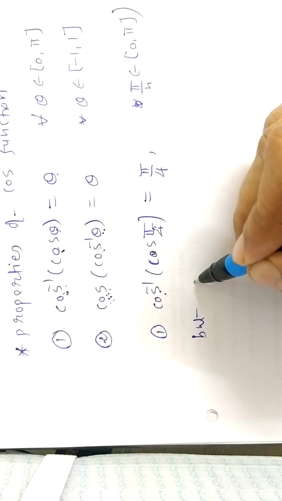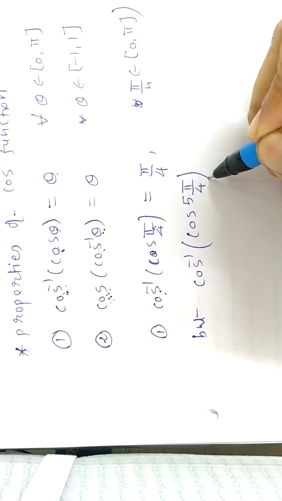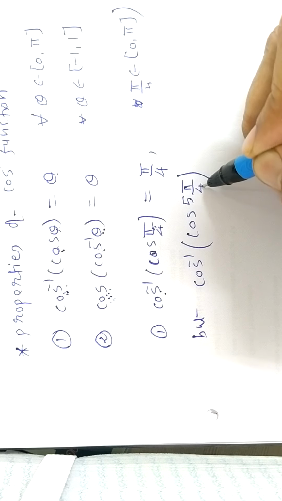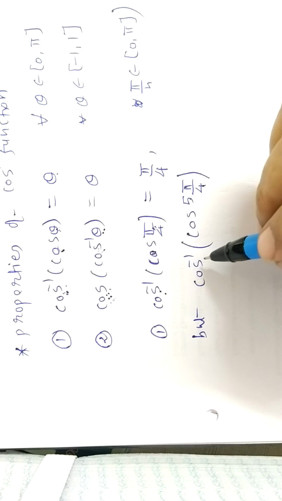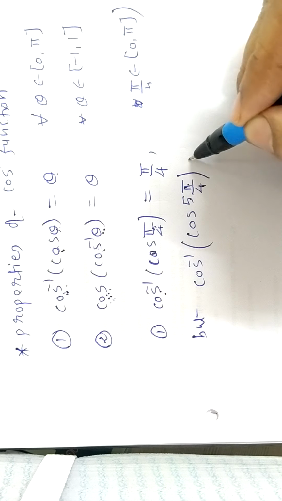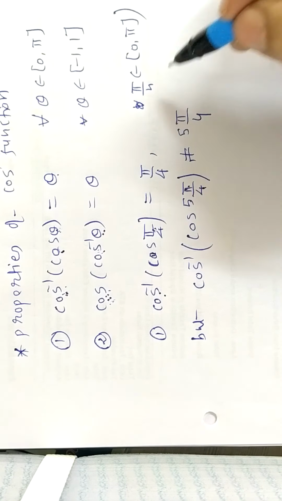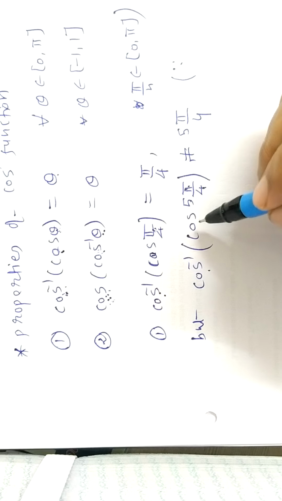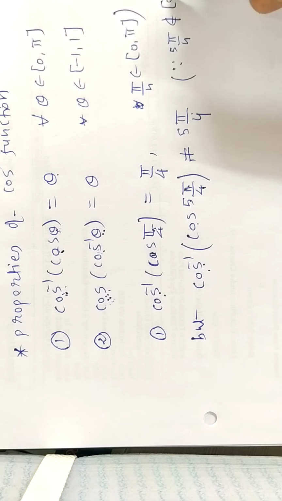But suppose cos inverse cos 5 pi by 4. Now you can see 5 pi by 4 does not belong to 0 to pi. The range of cos inverse is 0 to pi. We can clearly say that 5 pi by 4 does not belong to 0 to pi. That is why we cannot write it equal to 5 pi by 4, because 5 pi by 4 does not belong to 0 to pi.